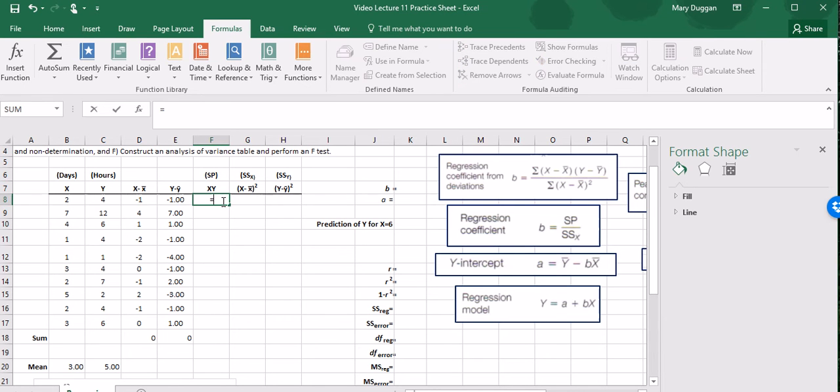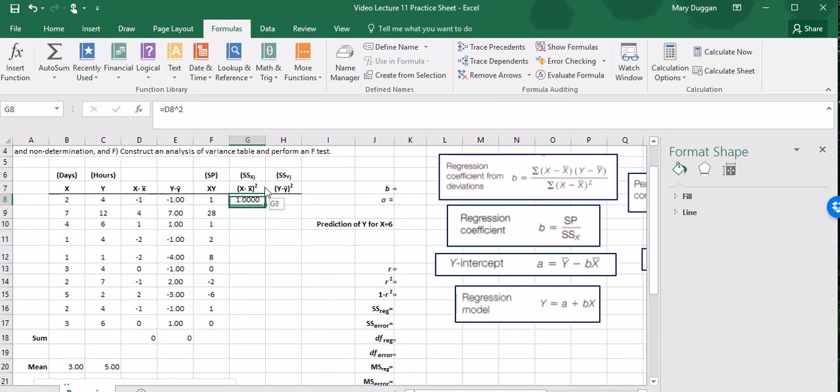We also need the sum of the products of the deviations. So that's equals the x deviation times the y deviation. And I'll drag that down. And then we finally need two more things, which is the x deviation squared and the y deviation squared. So equals x deviation squared. Drag it down.